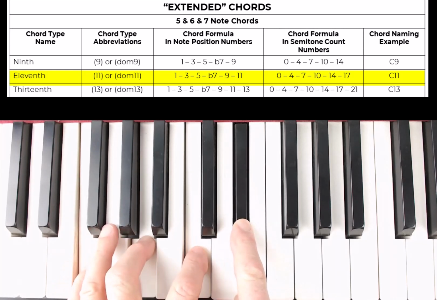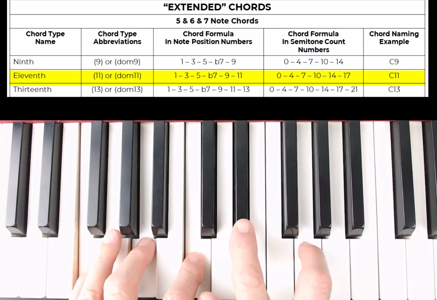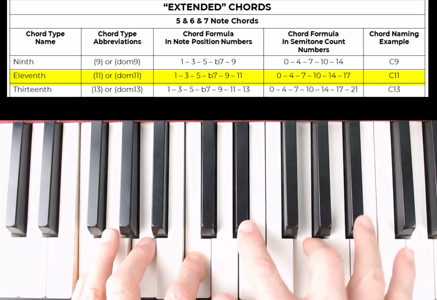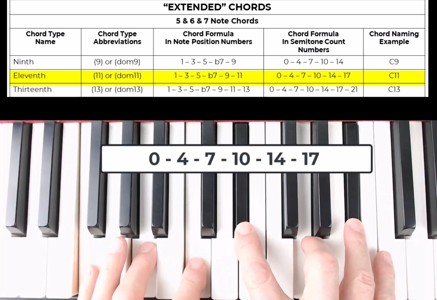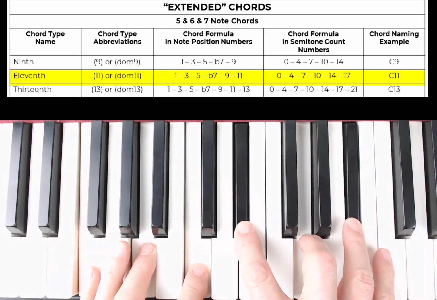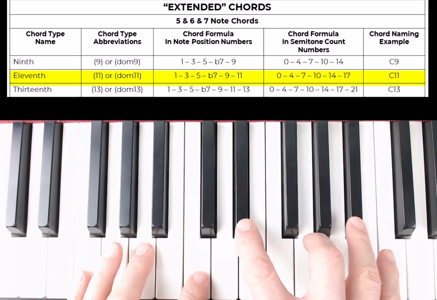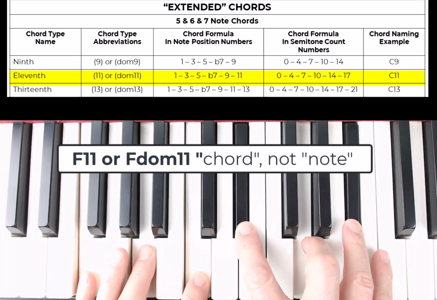Then 14: 11, 12, 13, 14, and then 3 more, 15, 16, 17. So those would be 0, 4, 7, 10, 14, and 17. Notice that as we add that 11th note, we include the 9th note, which is the 14th note that we did before. So this would be an F dominant 11th chord.